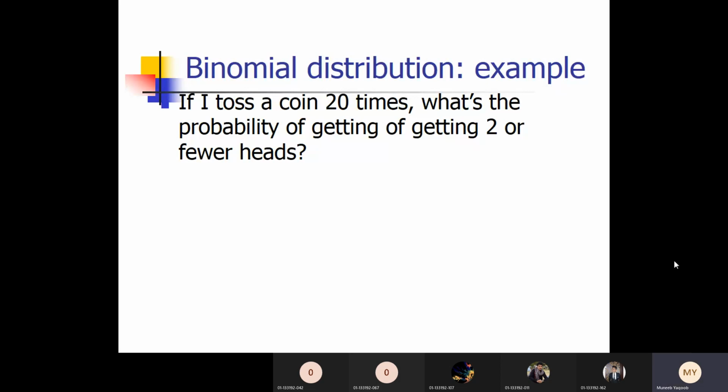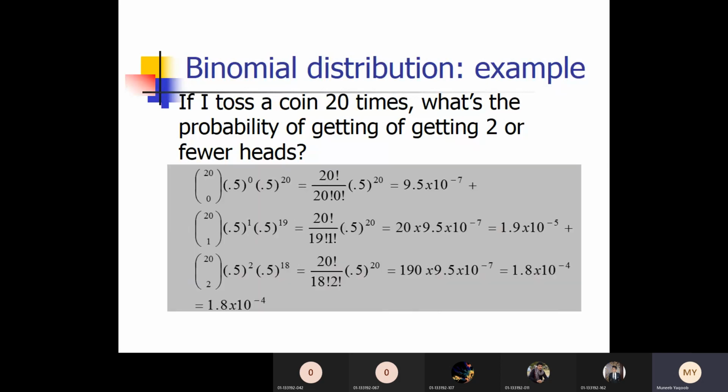So we will use the formula 3 times, because we need to calculate the probability of 2 or fewer than 2. For the first time, we will use 20C0. For the second time, we will use 20C1. And for the last time, we will use 20C2.